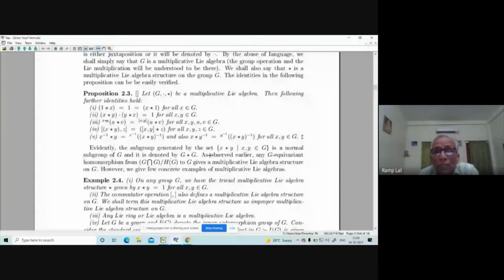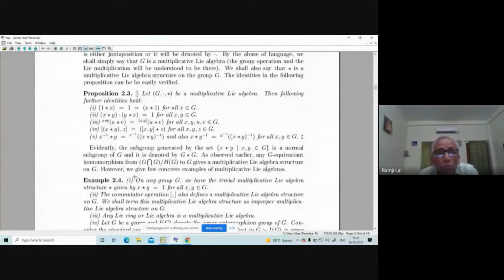As observed earlier, any G-equivariant homomorphism from G wedge G, I'm sorry, here it is the wedge, it is not the intersection. It is G wedge G, defined as the quotient group, to G is a multiplicative Lie algebra.